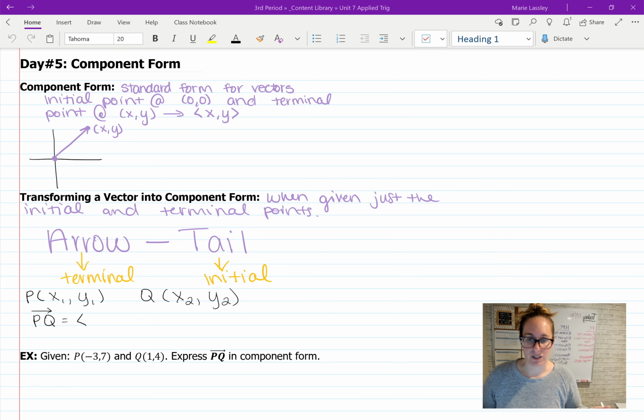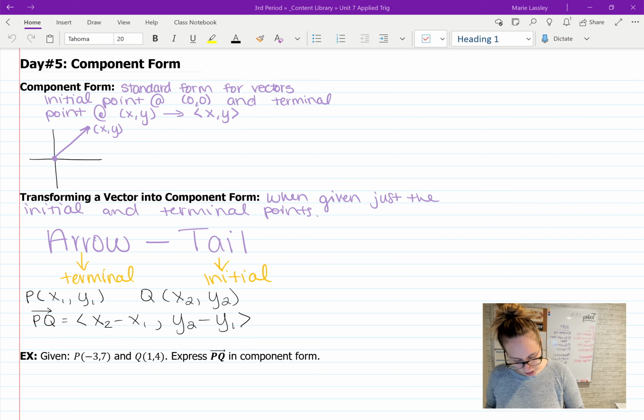I've seen that also. I like arrow because sometimes head can be confusing. It's arrow minus the other side, or the tail piece of it. So Q comes first. It's going to be x2 minus x1, comma, y2 minus y1. Arrow minus tail. That's it.